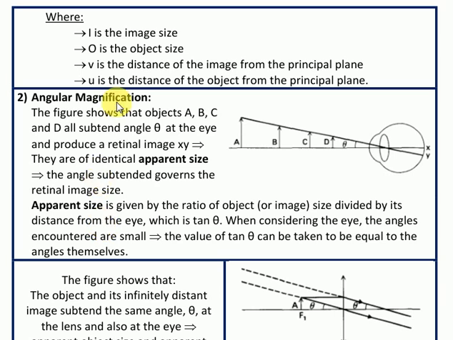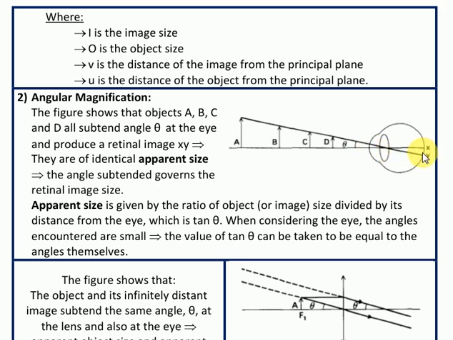Now angular magnification. In ophthalmic practice, actual image and object size are of less importance than the angle subtended at the eye, because this angle subtended governs the retinal image size. Suppose we have objects A, B, C, D, all subtend angle theta at the eye and produce a retinal image XY.